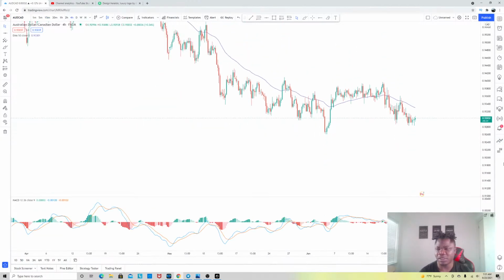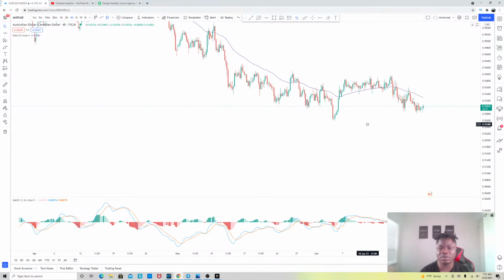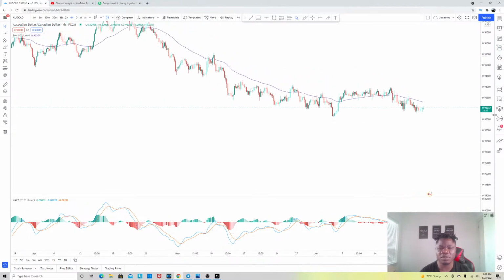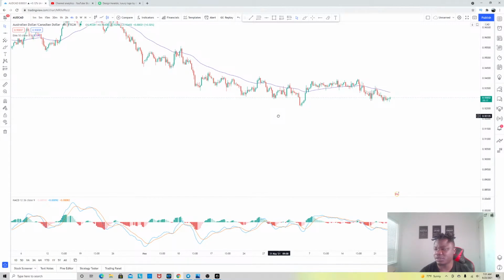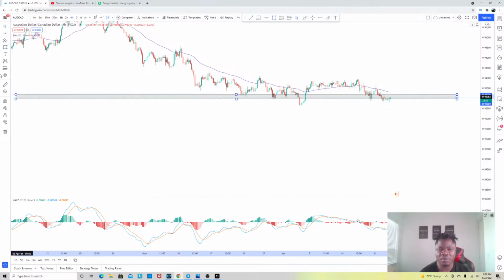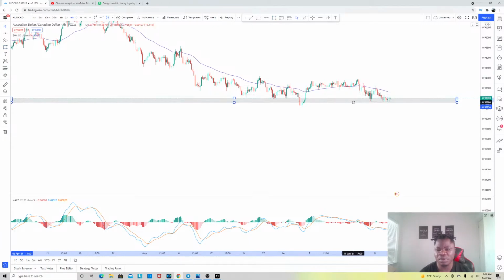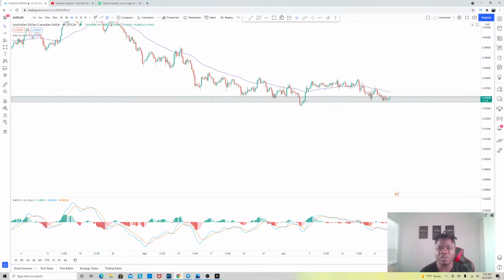So we're going to start from the 4-hour time frame, just for us to see the overall direction of the market. We can see that we got a support here that market is actually trying to break right now. Price is trying to break that support zone right there, and we got resistance right here.